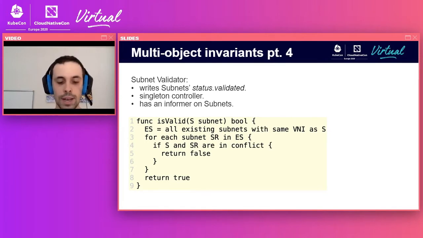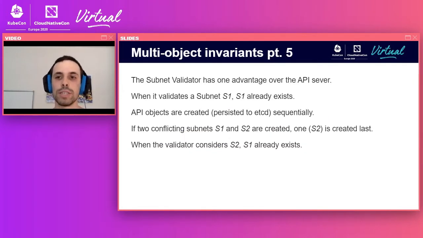And the reason validation works in the validator and not in the API servers is because of two joint reasons, really. The first one is that unlike the API server, when the validator validates a subnet, that subnet already exists. And the second reason is that while subnets may be validated in parallel, they're actually created, that is, persisted to etcd sequentially.